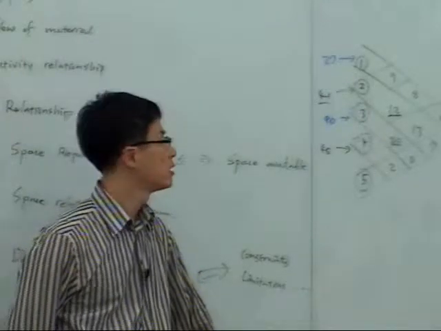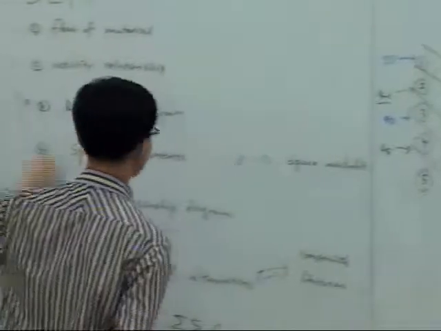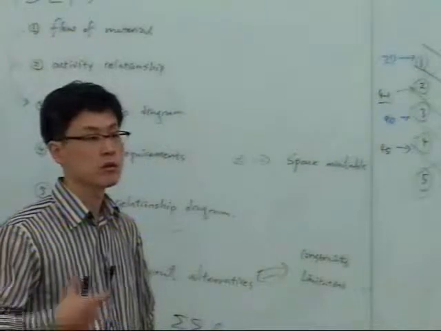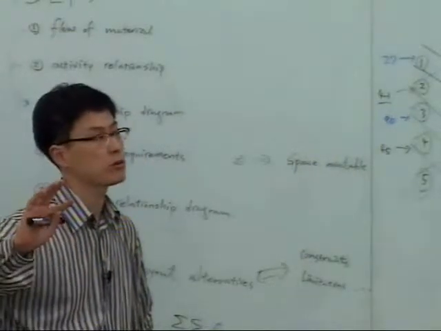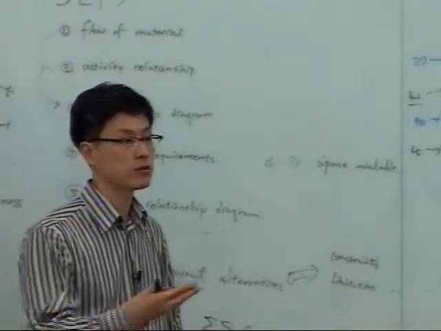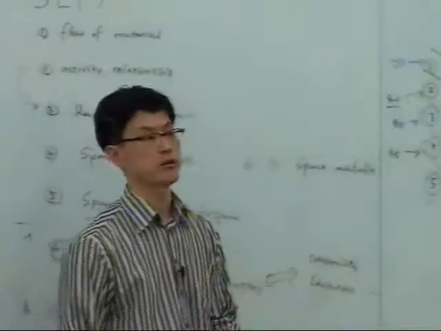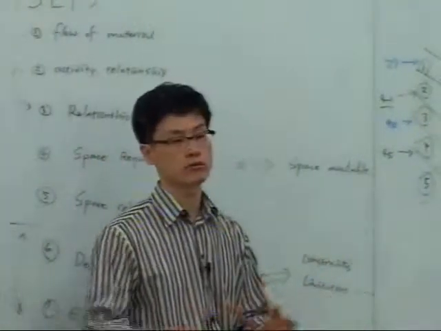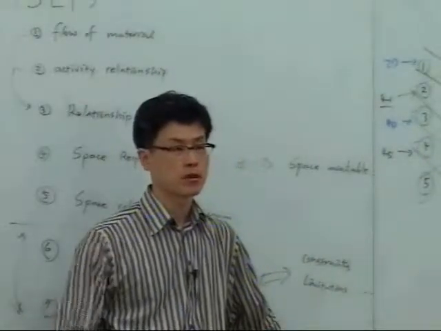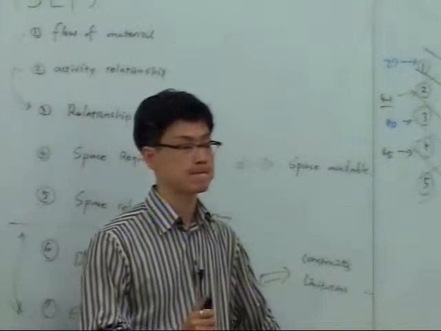For example, Fij. From department 1 and 2, the level of flow, I don't know, maybe every week 100 tons of steel are flowing from department 1 to 2. So let's make it 100. From 1 and 3, it's 200. You can do it like this. The important thing is to be consistent. Okay?